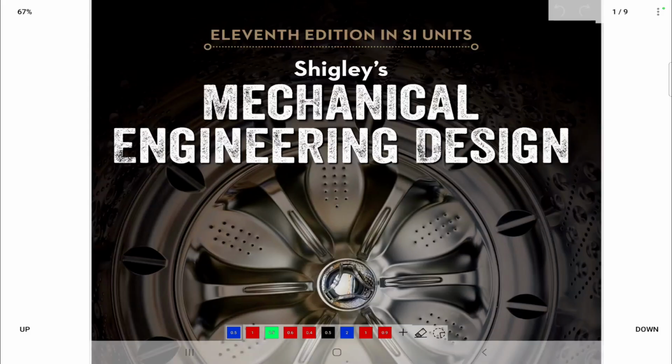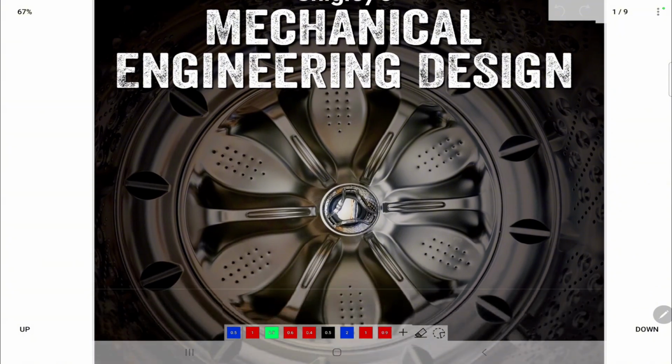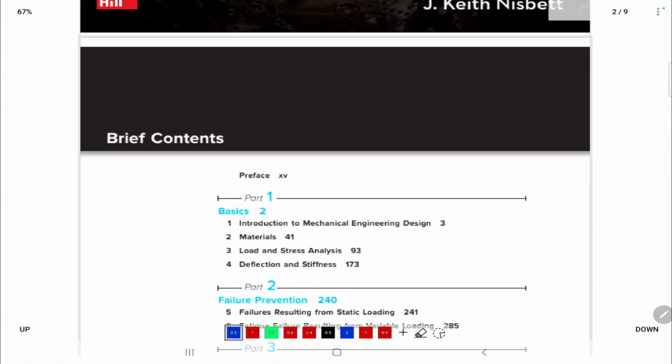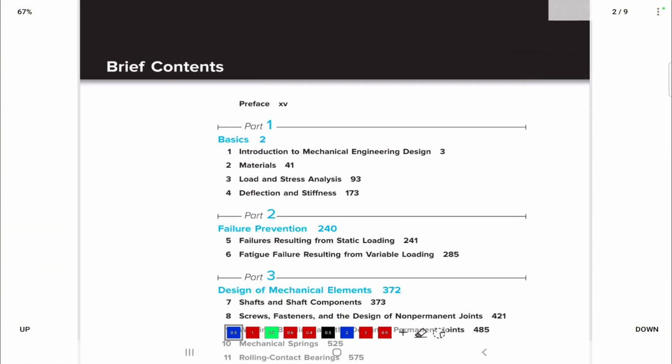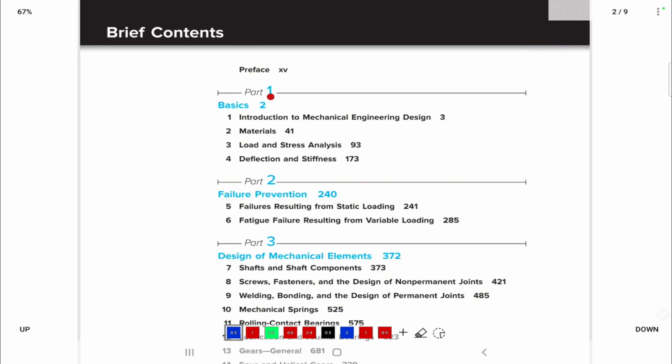Mechanical Engineering Design, Shigley 11th edition in SI units. So we will go through the brief table of contents. This book is divided into 3 parts, and it will be taken within a 2 semester course.